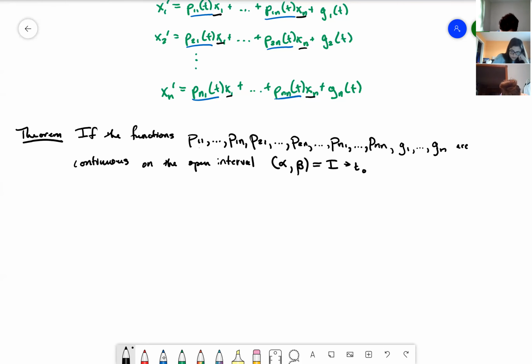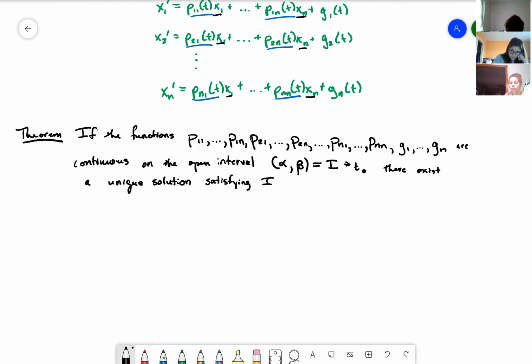Then there exists a unique solution written exactly in the same way as the previous one, so I won't write it down again, which satisfies the system of ODEs and the initial conditions all simultaneously.